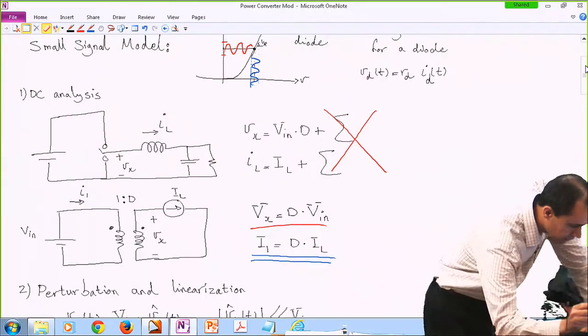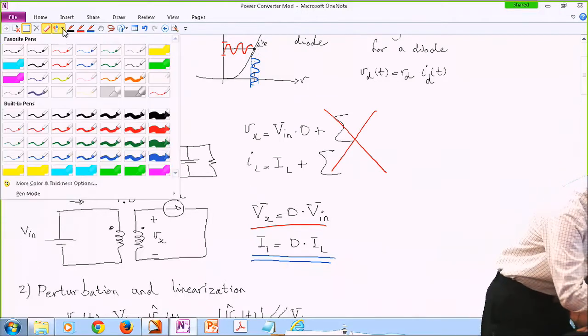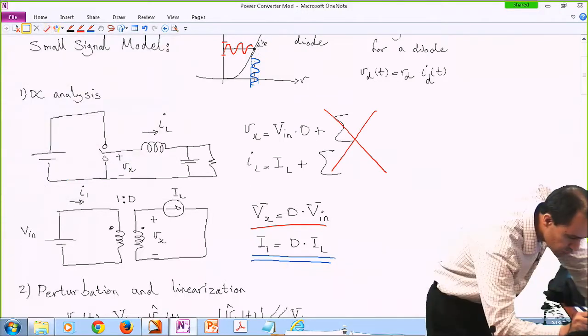So a better way of representing this would be using dependent sources.